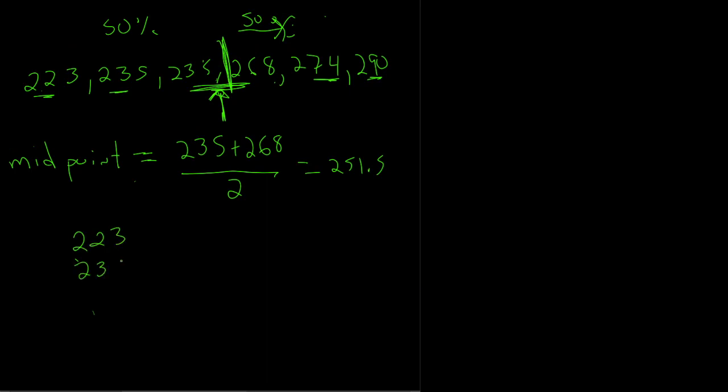So we take each value of data and we'd write it down. And we'd have one of each value, except for 235. We would have two values of 235. And so 235 would be the mode. It is the most frequent.